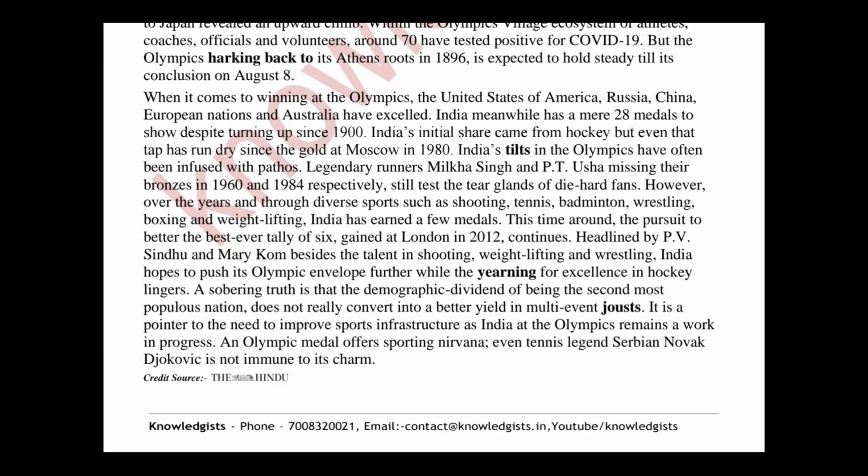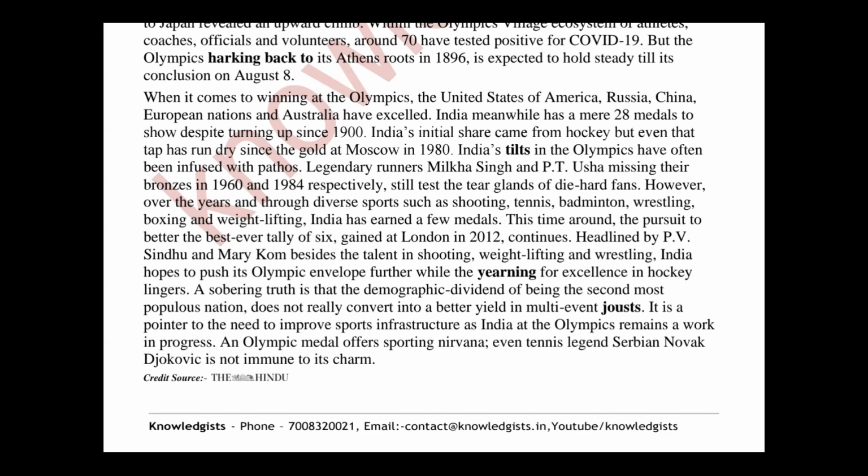An Olympic medal offers sporting nirvana. It offers sporting nirvana, meaning extreme happiness, a state of happiness. But even tennis legend, Serbian Novak Djokovic, is not immune to its charm. Being an Olympian is a dream of many sportspersons, and it is a state where they get extreme pleasure or happiness.